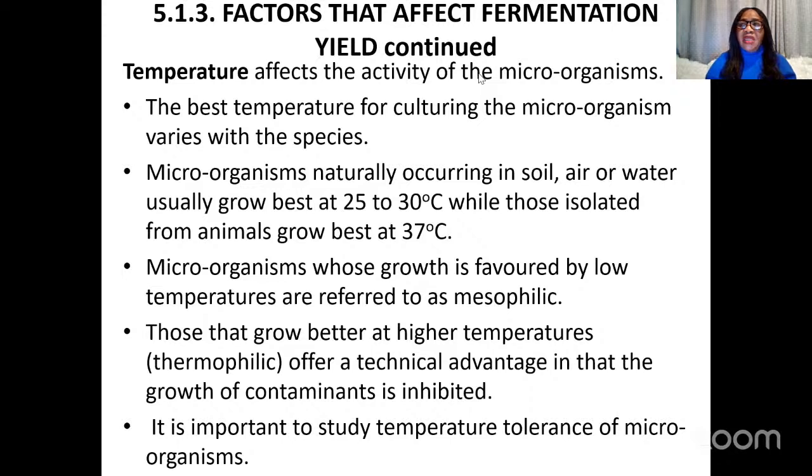Microorganisms that have their growth favored by low temperatures are referred to as mesophilic. And those that thrive best at higher temperatures are known as thermophilic. So it's very important to study the temperature tolerance of the microorganism of your interest, so that you can put them at that best temperature for them to work well.